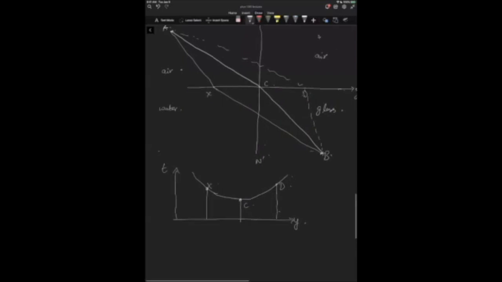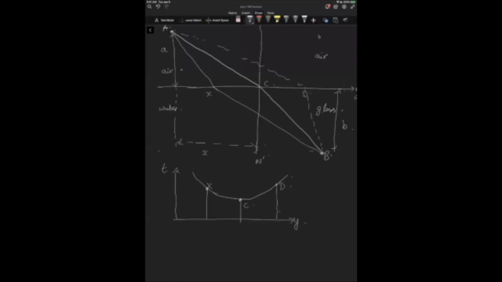So let's call the distance from the surface to the point A, A, and the distance here is B, and the distance of this C, the point where the ray crosses the y axis, that distance I'm going to call x, right?